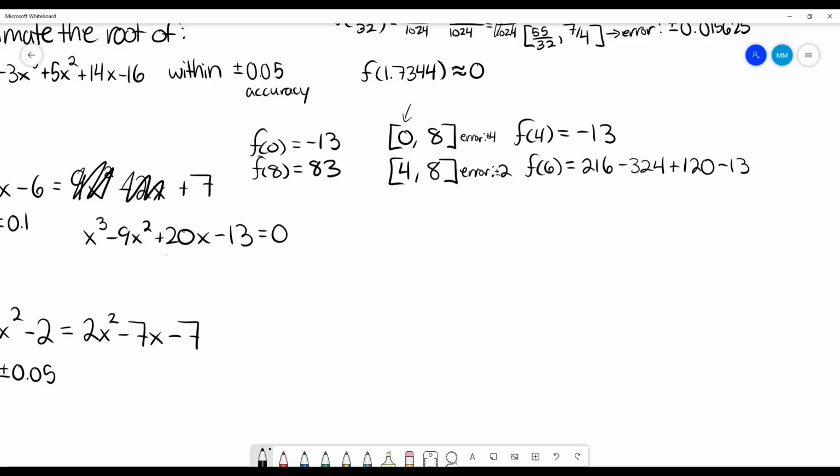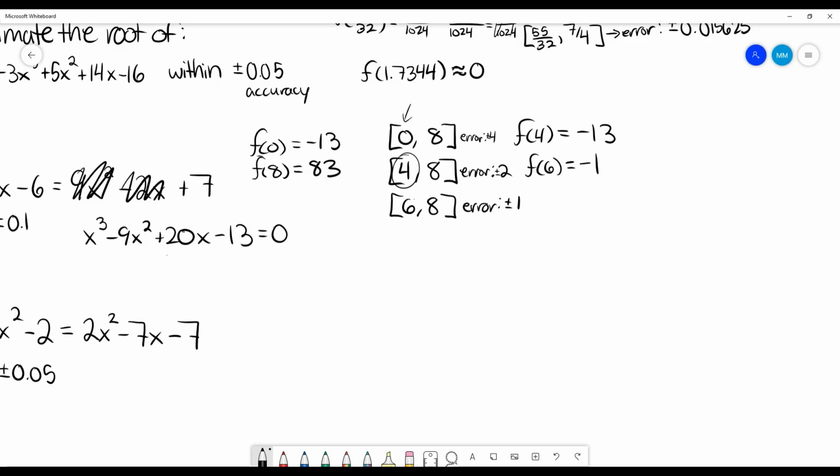If I add these positives, I get 336 minus 324 minus 13, which gets me 12 minus 13, which is negative 1. We're really closing in on that 0 now, aren't we? So negative 1, and again, this is negative, so we're going to replace this x value here. So it's going to go 6 to 8, and now my maximum error is plus or minus 1, which is good. I'm glad that our error halves.